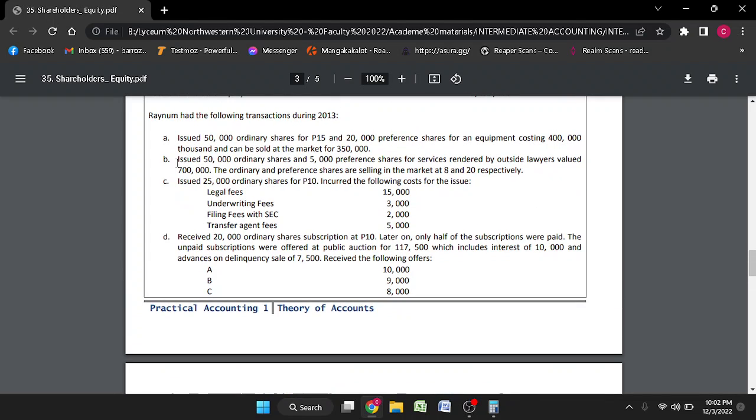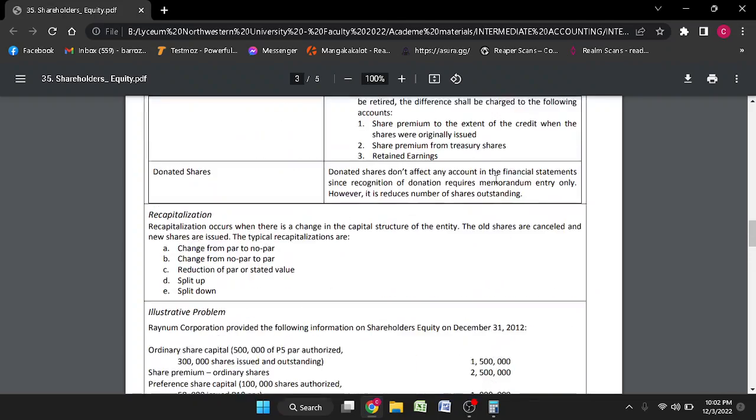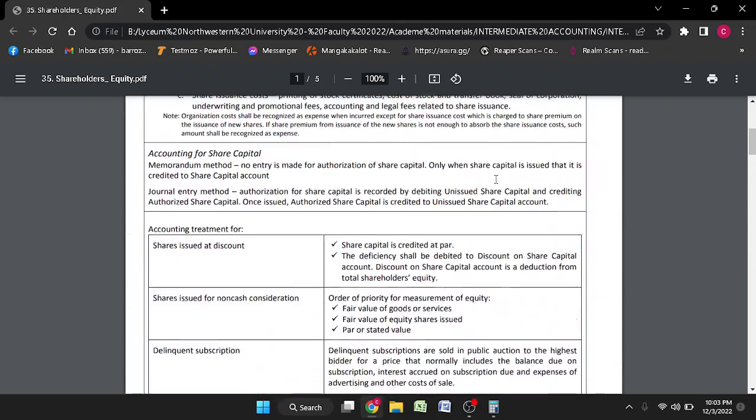Letter B: issued 50,000 shares and 5,000 shares for services rendered by outside lawyers valued at 700,000. The ordinary and preference shares are selling in the market at 8 and 20 respectively. So it's non-cash.